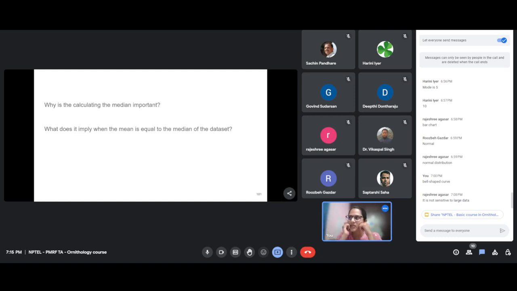So there are some things that you can for sure mark as errors based on observation. So you need to have some background knowledge.